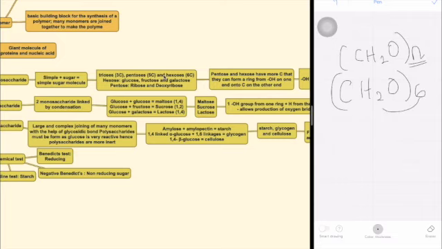Then you can also multiply it out depending on the question. This is where you need to put the carbon atom number.